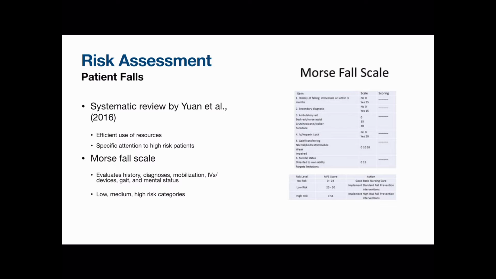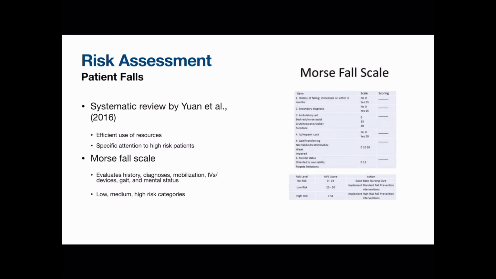One of the most widely utilized scales in the clinical setting that's been shown to be effective in measuring the risk for falls is the Morse Fall Scale, what we're all probably familiar with. It's easy to administer, it's a simple instrument, and it is able to assess the risk for which a patient could fall by evaluating their history of falling, any number of additional diagnoses that they may have, if they're able to mobilize without assistance, if IVs or other devices are involved, what their current gait is, and mental status.